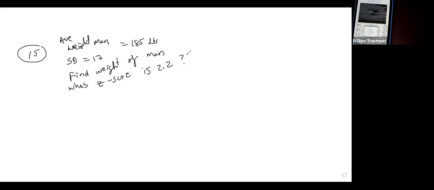Nobody's typed in the answer yet. Huh? It's a little harder than what you might think, I guess. Let me go to the workbook. I wanted to check the z-score thing. Yeah, all z-scores are one decimal place, no more than one decimal place.